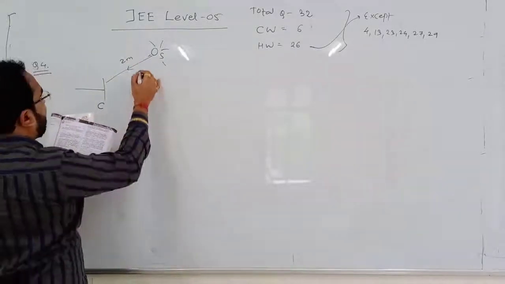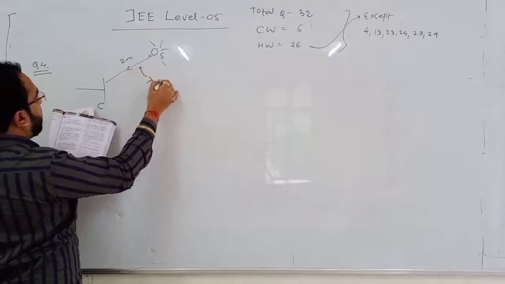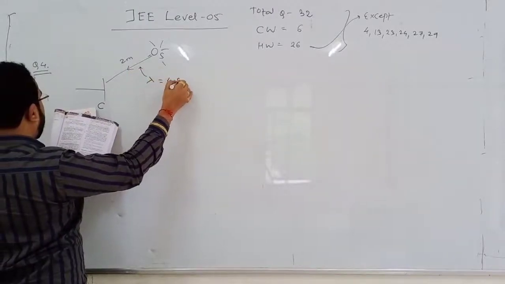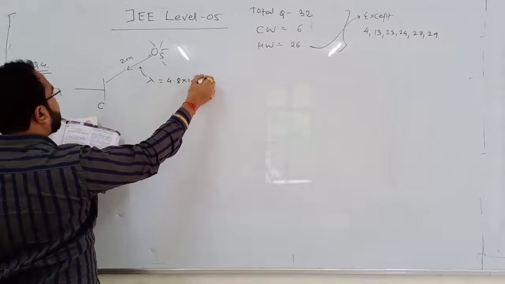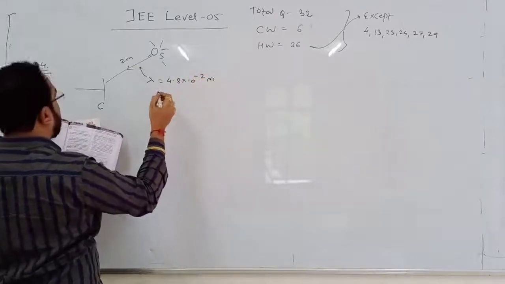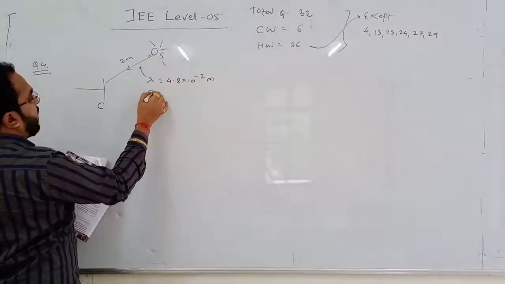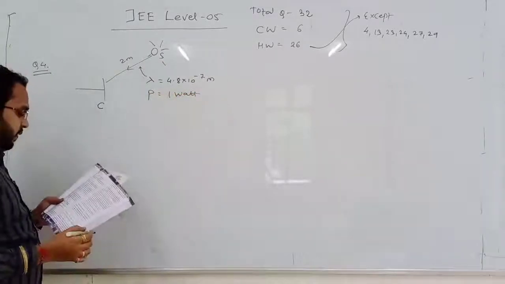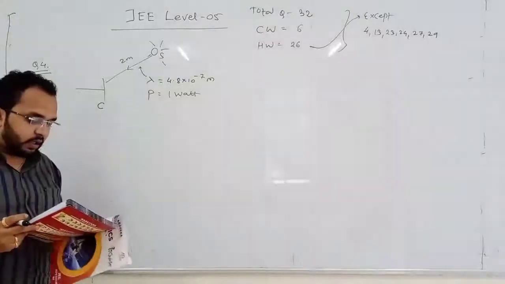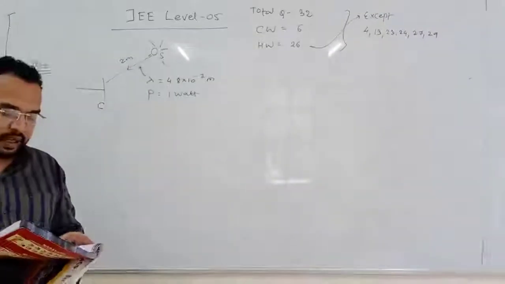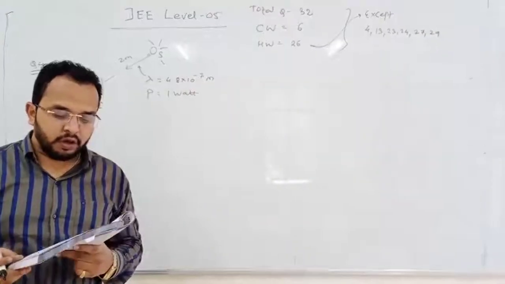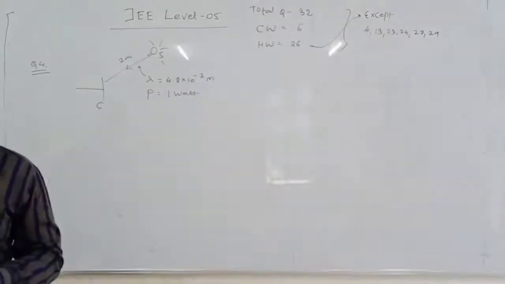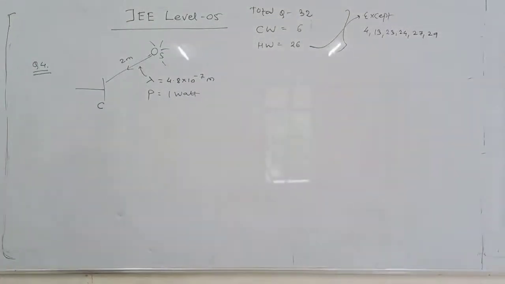And wavelength lambda is given 4.8 into 10 raised to power minus 7 meters. Power of this source is 1 watt. What is asked? The light falls normally on the plate. Find the number of photons striking the plate per square meter per second.